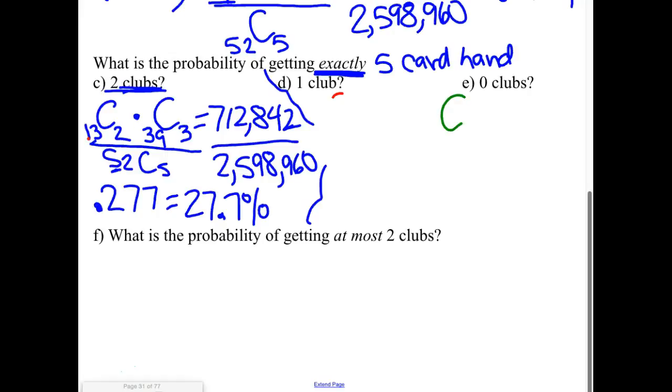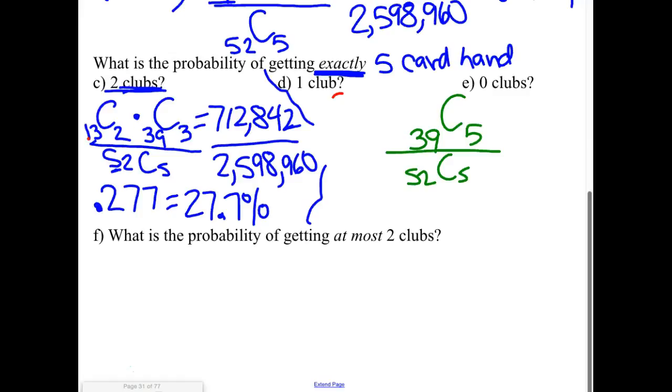If I take out all the clubs, what I have left is 39 cards. And we want to pick all 5 of our cards from those 39 cards because I don't want clubs. On the bottom here, we still have our total. Oops, sorry, we have 52. I was going to go straight to the 2 million. We have our 52C5.